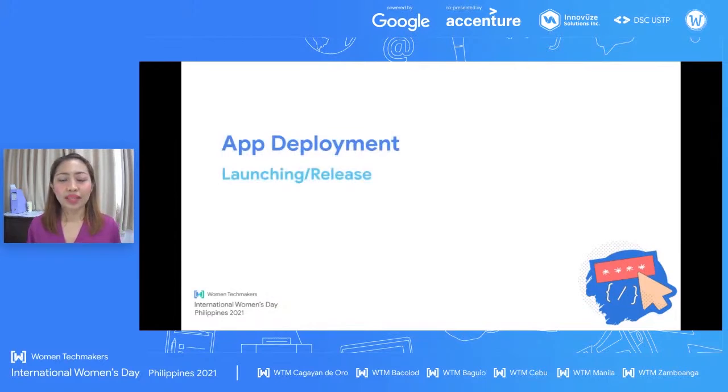So once the app is thoroughly tested and you feel like you are really comfortable with it already, you can already deploy. So this is the app deployment, the launching and releasing of your mobile app.